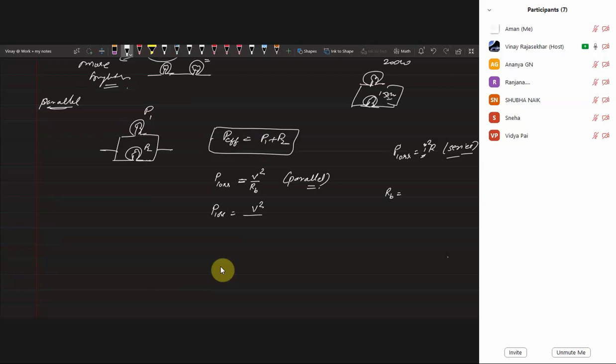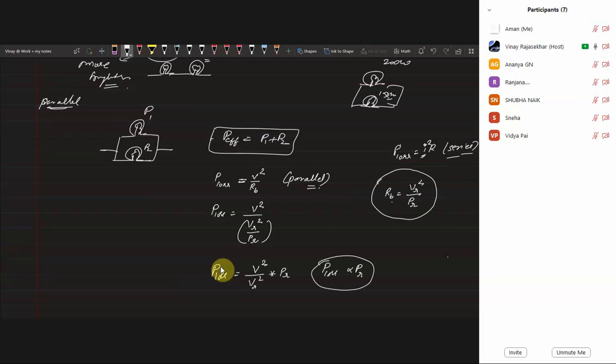We already calculated the resistance of the bulb as rated voltage square by rated power. Substituting that, power loss is the battery potential square divided by rated potential square into rated power. So in parallel combination, power loss is proportional to rated power.